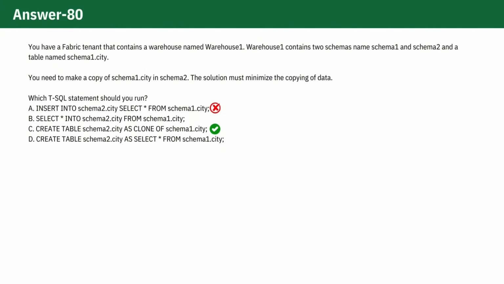Option B also fully copies the data into the new table, duplicating it and not minimizing data copying, which is also incorrect. Option D. Similar to A and B, this option duplicates all data from Schema1.city, not minimizing data copying.